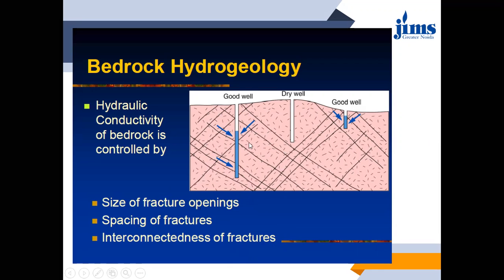Basically, where will water move in bedrock? In the fractures only. So if one fracture is somehow connected to another fracture, let it be any hairline crack or internal passage, or some external grooves in the bedrock, then that interconnectedness of fractures will increase the hydraulic conductivity of the bedrock.